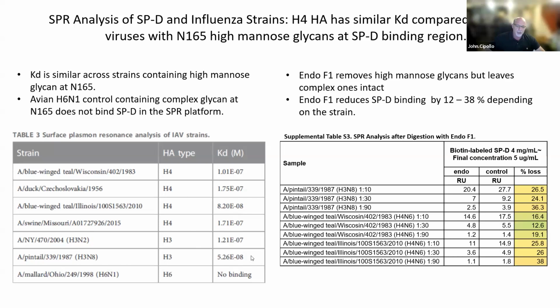And then we knocked off a fair amount of the high mannose glycans with endo-F1, and then we saw a loss of affinity. So these are well correlated with our structural observations, and these tell us that H4 probably does interact with SPD.